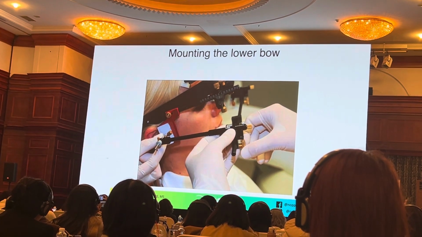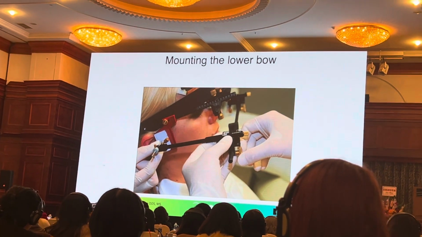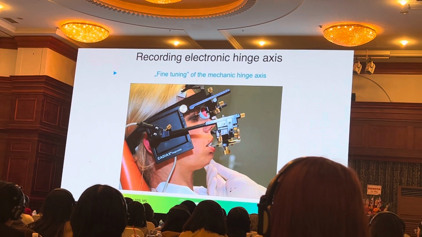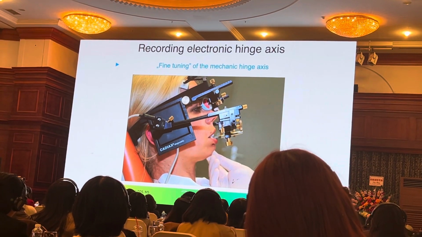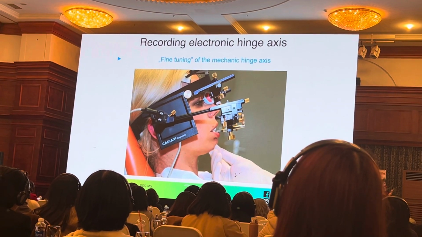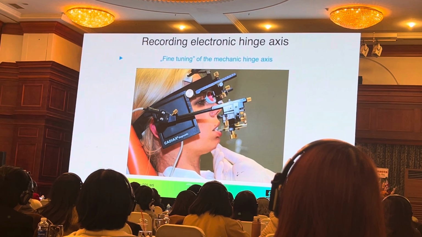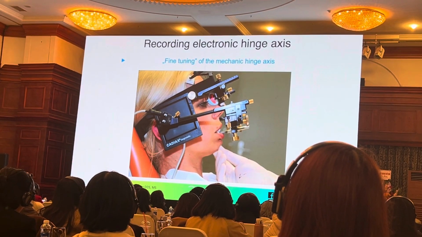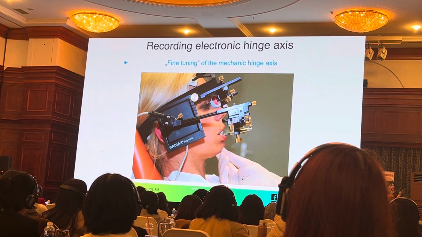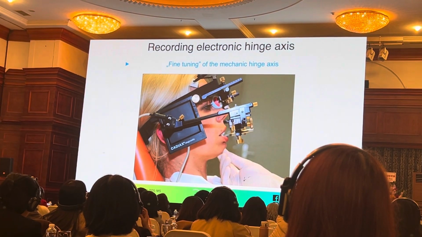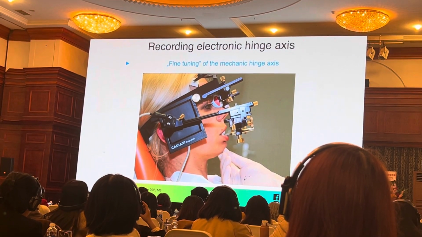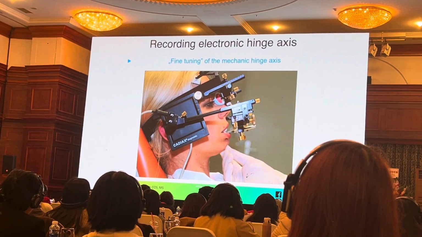First of all, I need to find mechanically where the hinge axis is. Later on, I need to place the sensor in the position so that the computer can receive this information and transform it into something useful for your client. Okay? So we need a software that will read the movement from this sensor.